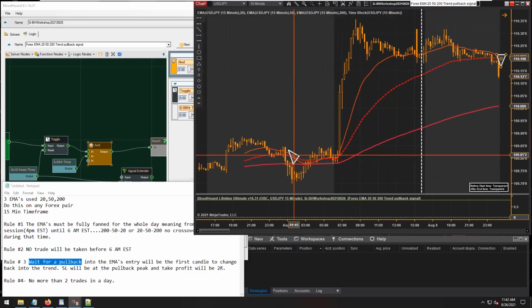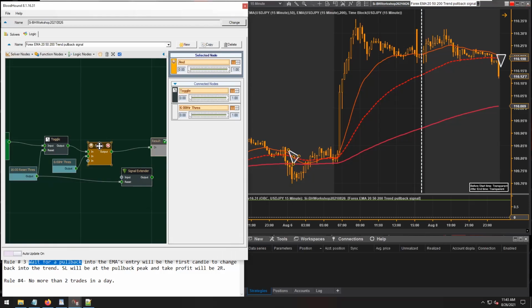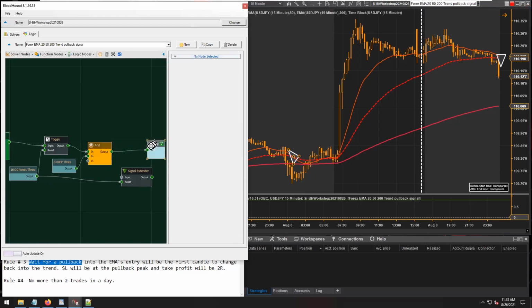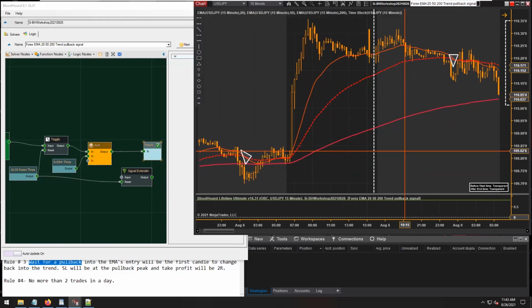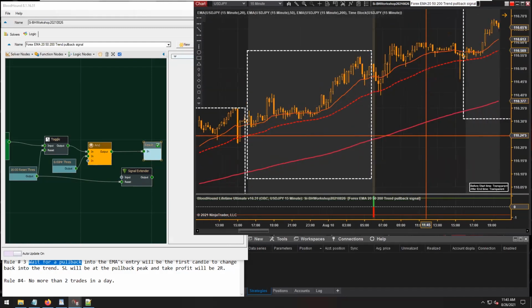And once again, there was a crossover here, so there's no long and short output here either, coming from this AND node. Right? That's there. Let me scroll forward on the chart.